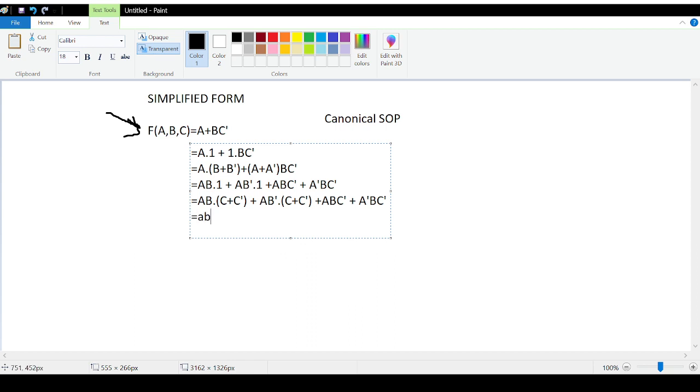This is going to be then ABC bar plus ABC plus AB bar C plus AB bar C bar plus A bar BC bar. Okay, is this clear? Now see, I have come to the standard form.